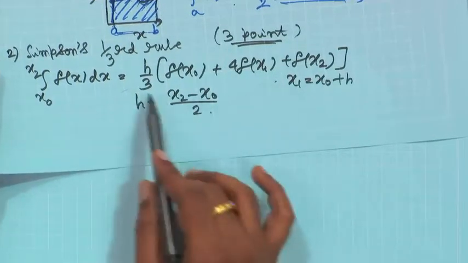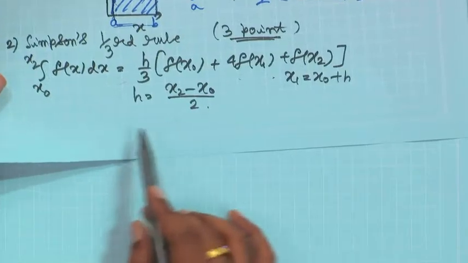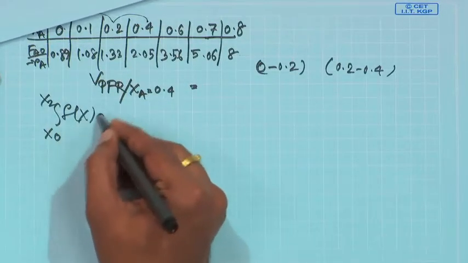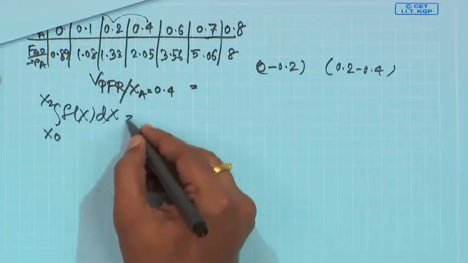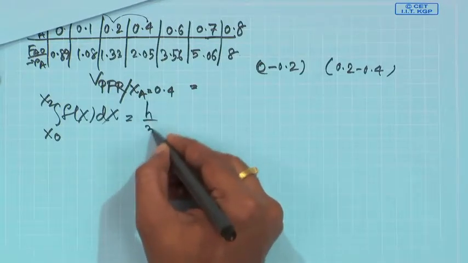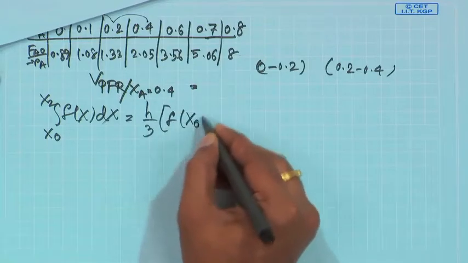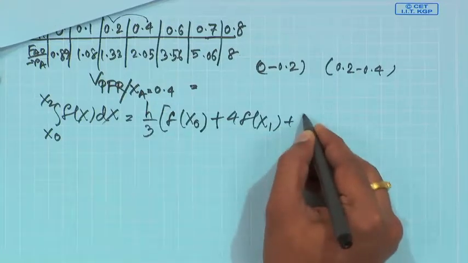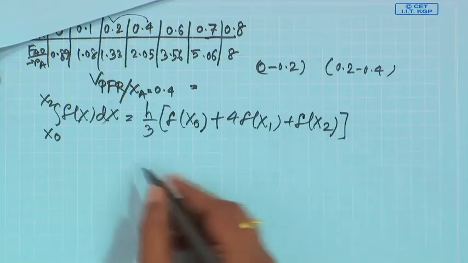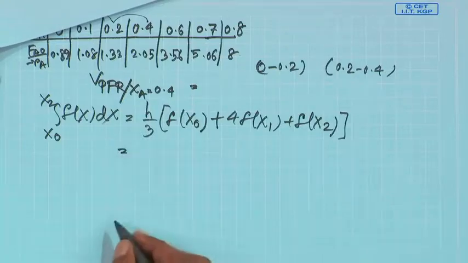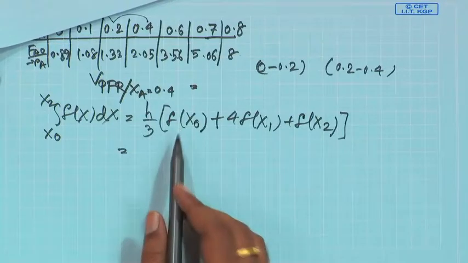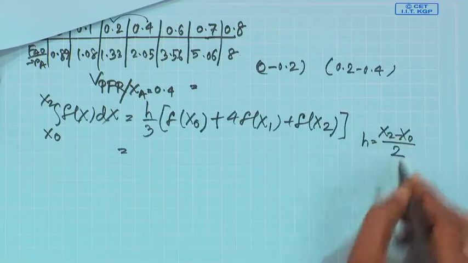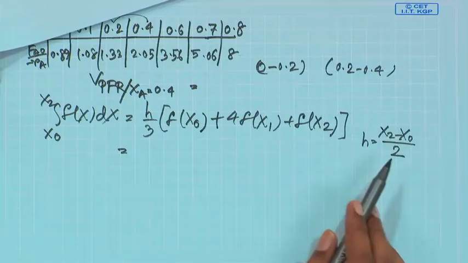There is a general form also, but here this is necessary. The integral from x0 to x2 of f(x) dx will be equal to h by 3 times [f(x0) plus 4 f(x1) plus f(x2)]. If you put in these values, what is the value of h? h is nothing but (x2 minus x0) divided by 2, because 2 is the number of intervals you have.